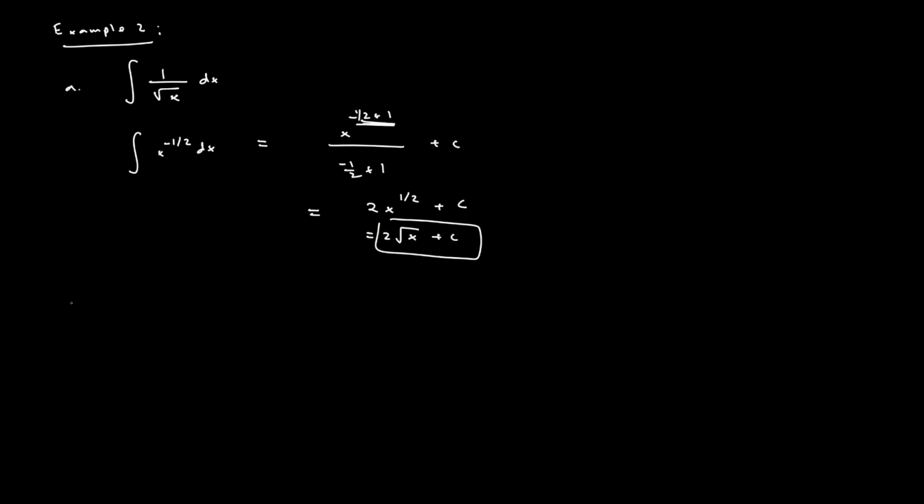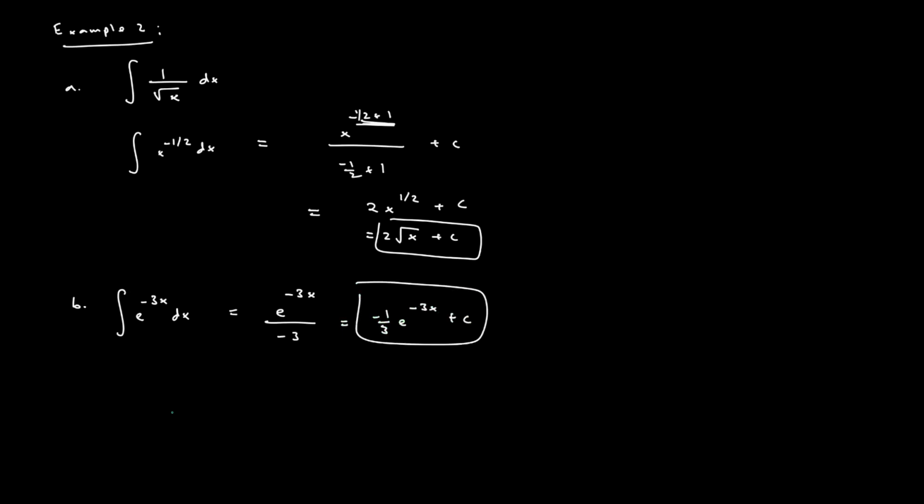Another part of that example is just evaluating e to the minus 3x dx. And this comes pretty clearly from our formula, and this is just e to the minus 3x divided by minus 3, which is negative 1 over 3 e to the minus 3x plus c. Finally, let's do one with trig functions.